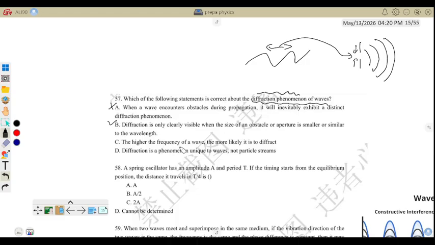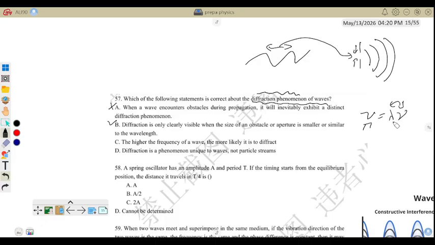C: The higher the frequency of a wave, the more likely it is to diffract. We have v equals lambda times f, and the speed is constant in the same medium. So we can observe clearly that the wavelength is inversely proportional to the frequency.